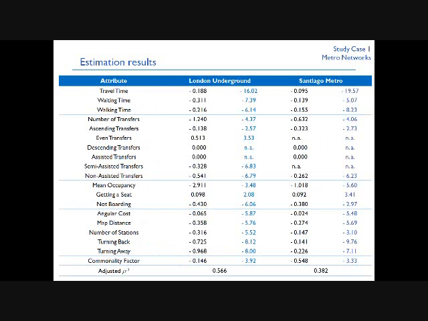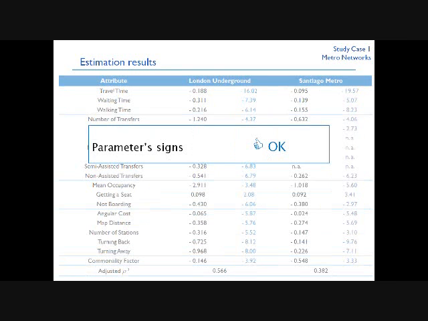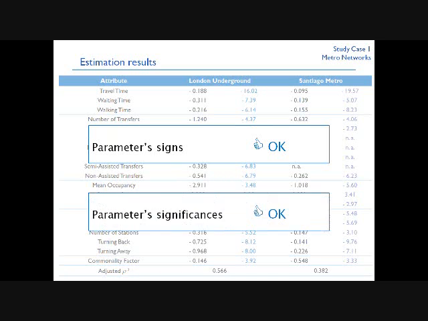What we found, a lot of parameters, that's not really important to look at the numbers. We can just say that all the parameter signs are okay, and all the parameters are significant. This means that all the variables I mentioned before, which are quite a lot of variables, help to understand at some point the decisions of the individuals. Everything is important.